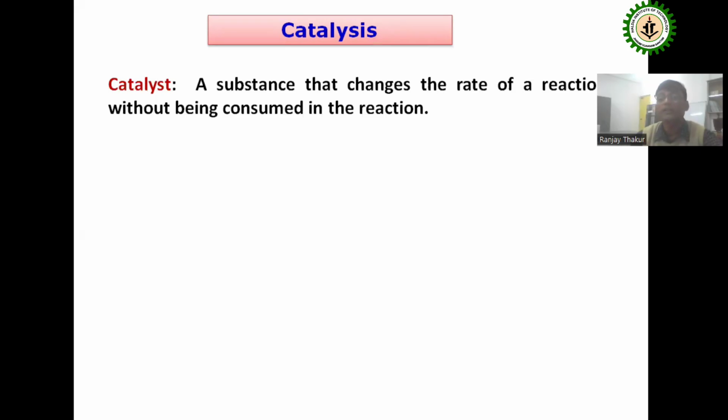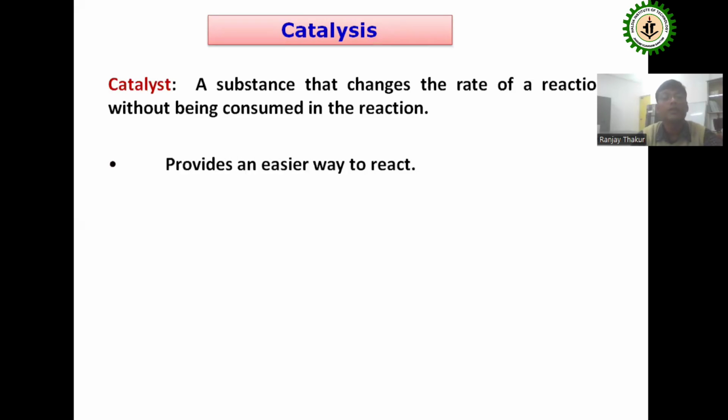It does not initiate the reaction, and does not alter the chemical equilibrium or any thermodynamic values. Generally it increases the rate of reaction, but in some cases it decreases it. When it increases the rate, it is considered a positive catalyst, and if it decreases the rate, it is considered a negative catalyst.